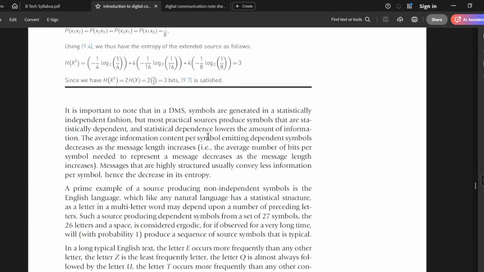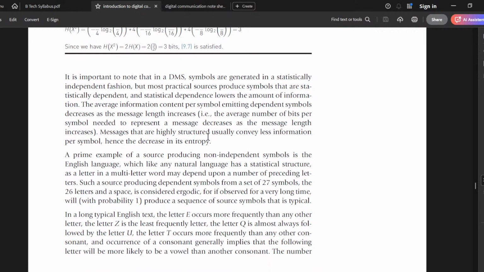It is important to note that a DMS produces symbols in a statistically independent fashion, but most practical sources produce symbols that are statistically dependent, which carry a lower amount of information, that is, lower average information per symbol. Messages that are highly structured usually convey less information per symbol, hence the decrease in entropy. A prime example of a source producing non-independent symbols is the English language, which, like any natural language, has a statistical structure.